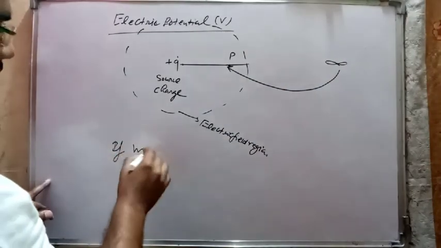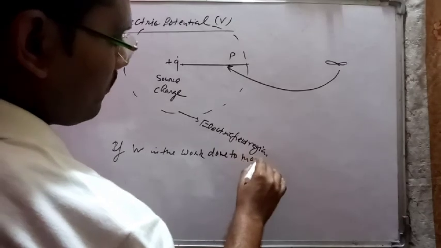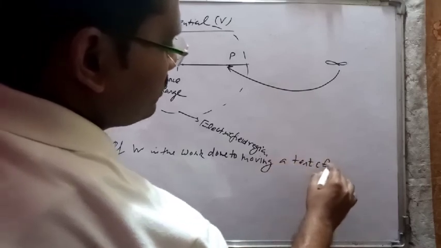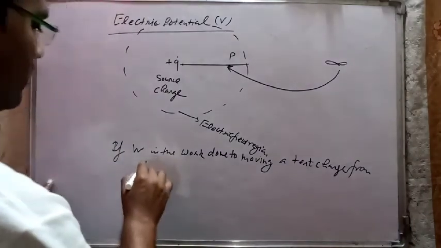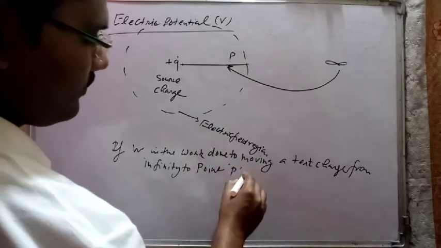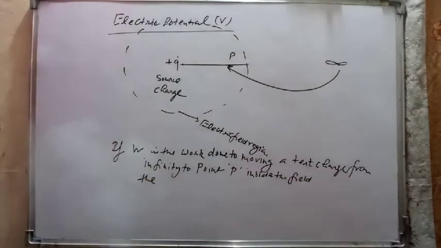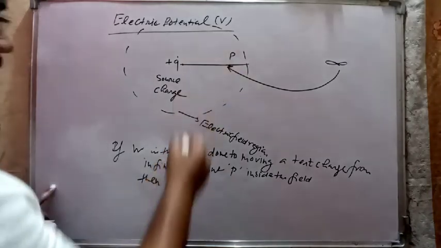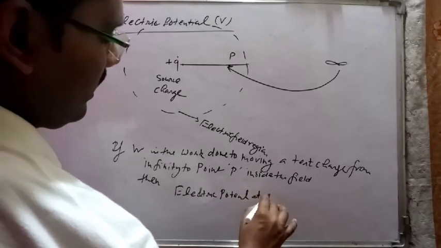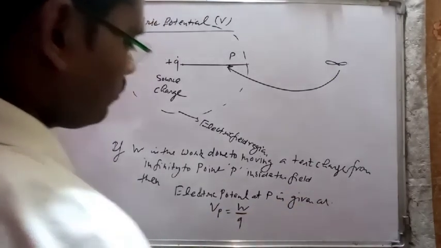If W is the work done to move a test charge from infinity to point P inside the field, then electrostatic potential or electric potential at P is given as Vp is equal to W by Q naught.